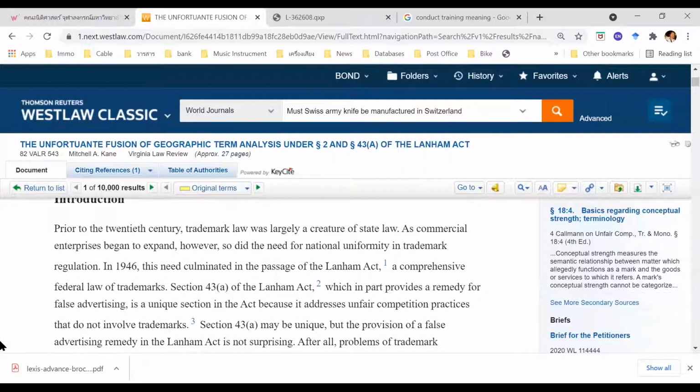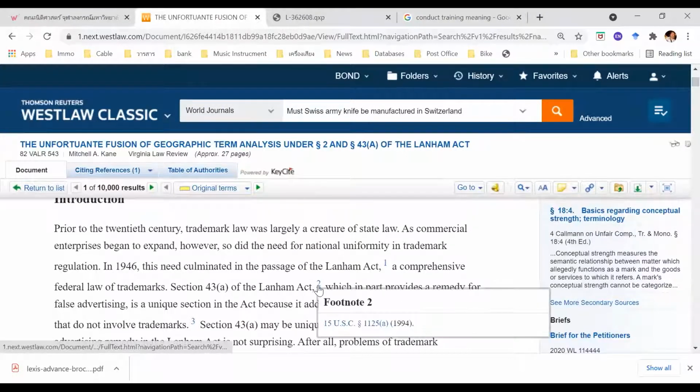So you get an idea now that it is mentioned in the primary source of law. But I want to see the detail, and I don't know how to search for the Act. So you just follow the citation. You just click on the number that indicates the cite or footnote. You just click it, and you look at that.